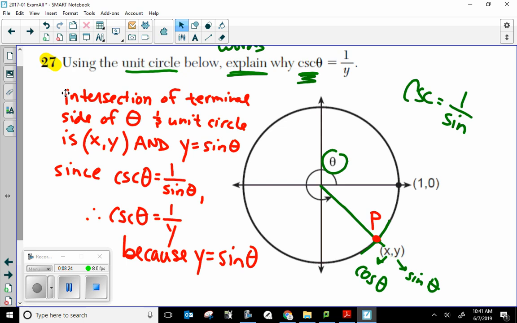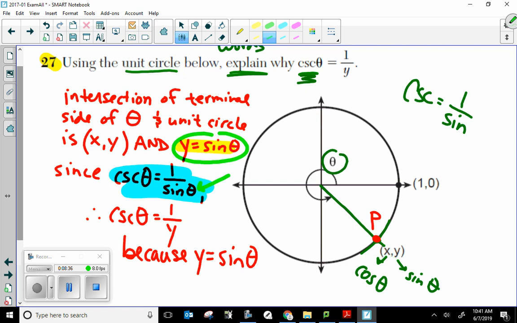This is what they're going to be looking for when they grade this. Number one, you've got to put this together. Number two, you've got to put this together. And number three, if y equals sine of theta, I'm just going to substitute y in for sine of theta and end up with this. However you want to write that, that's the connection they're looking for.